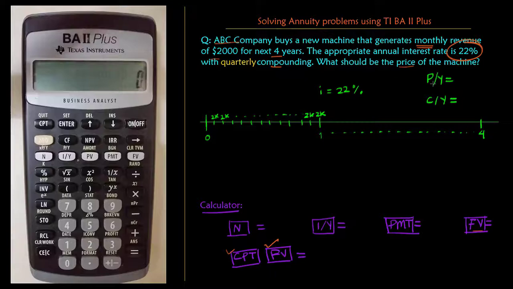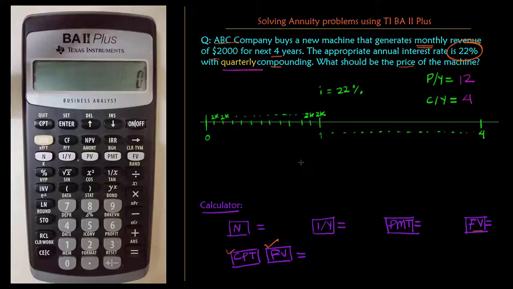Alright, so I have changed the problem a little bit. Instead of monthly compounding, we have to deal with quarterly compounding now. So the P/Y is still 12 because we get monthly payments, and C/Y is now 4. So when P/Y and C/Y aren't equal, you need to change the default P/Y and C/Y values of your calculator.